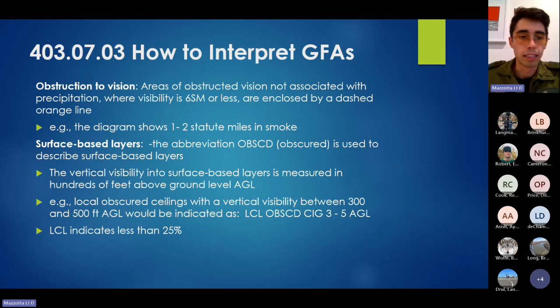And again, that local indicates that it's less than 25% coverage of that area. And that's something very common, at least in Alberta in the fall, where you'll start seeing that for fog in the mornings.